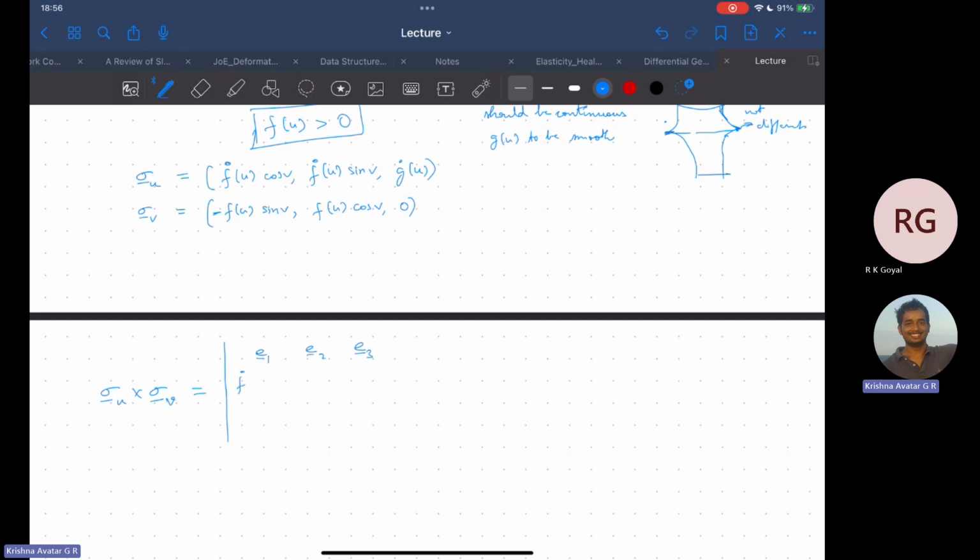And this is f dot cosine v, f dot sine v, g dot, and here minus f sine v, f cosine v, and 0. I'll not write the arguments for simplicity.